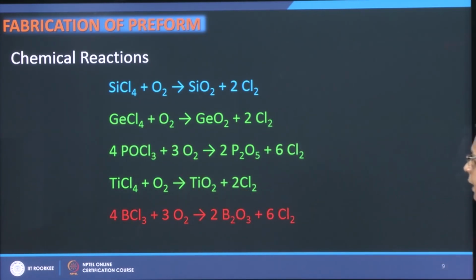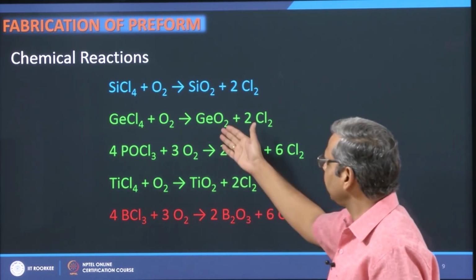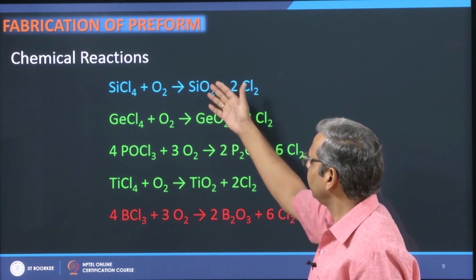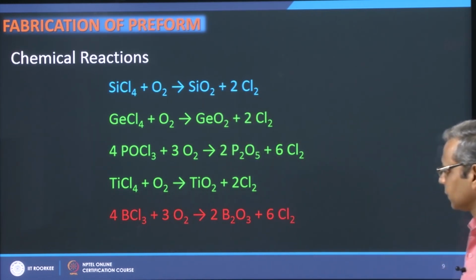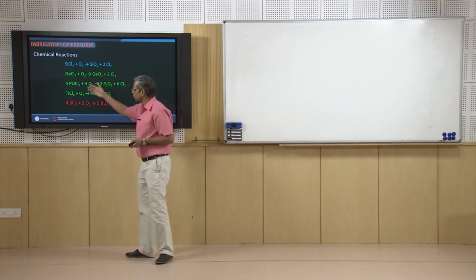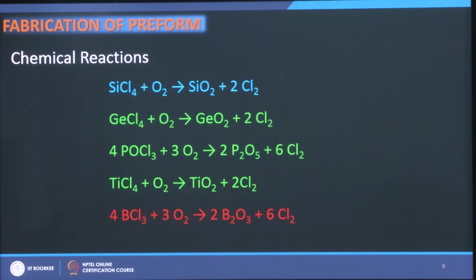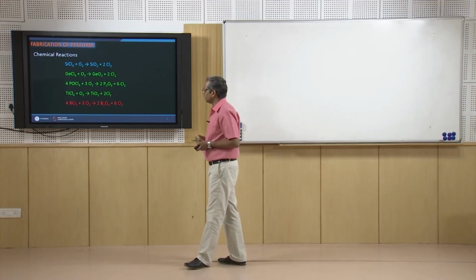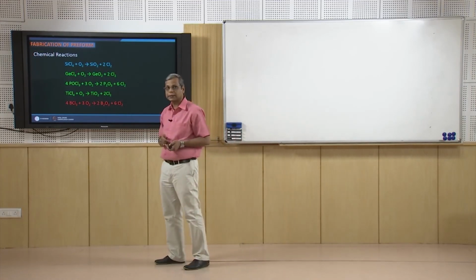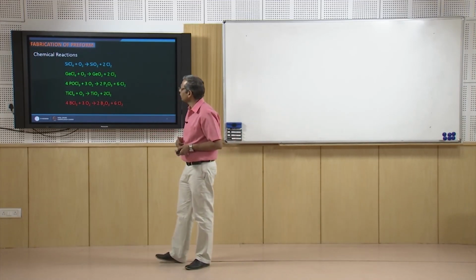So, along with SiCl4 you start now flowing a required amount of GeCl4 also. So, you now deposit germanium doped silica layers on top of cladding layers, and when you are done with depositing core layers, then you stop.